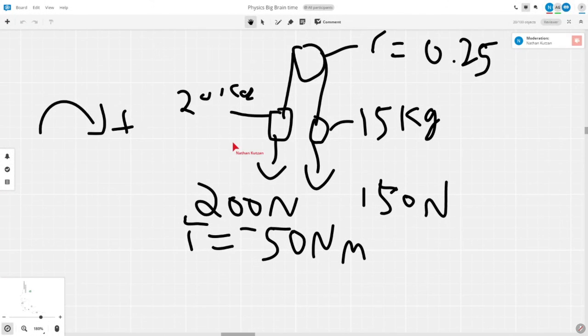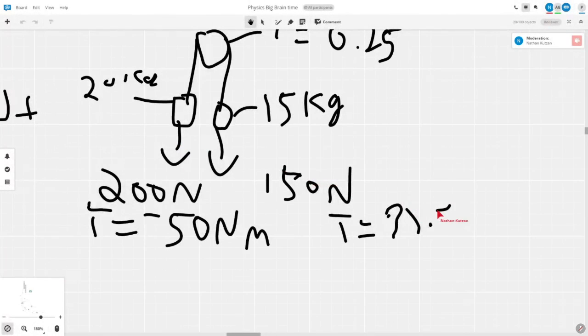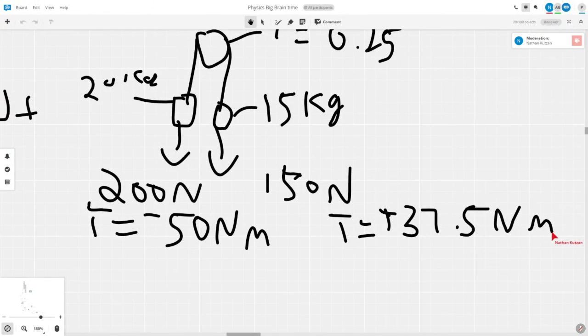Then the torque applied from the other one is going to be 150 times 0.25, which is positive 37.5 newton meters. And then we're just going to add these torques together, remembering that one of them is negative. So negative 50 plus 37.5 gets us negative 12.5 newton meters.